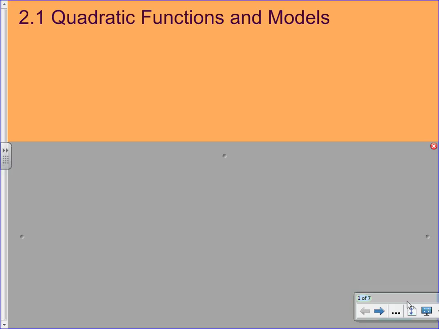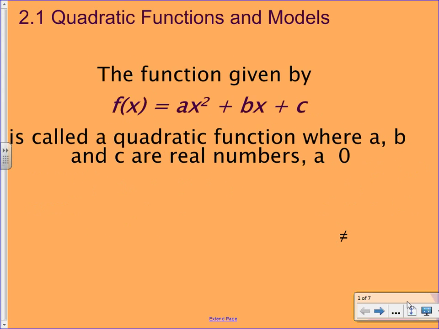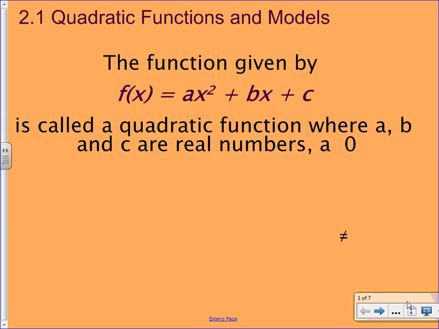So, first of all, like Sean said, there we go. Okay? A quadratic function is given by ax squared plus bx plus c. So, we have x to the degree of 2, that's its highest power. All right. A, B, and C need to be real numbers, and A is not 0, otherwise we wouldn't have a quadratic, right?